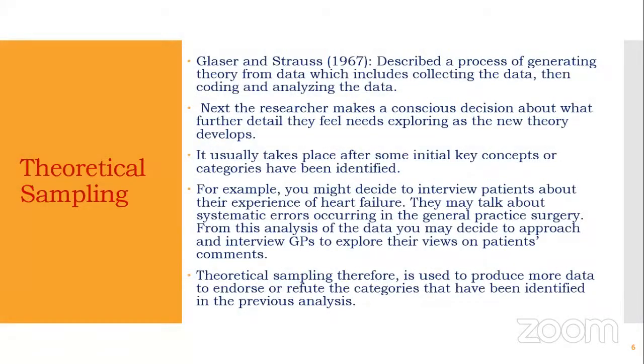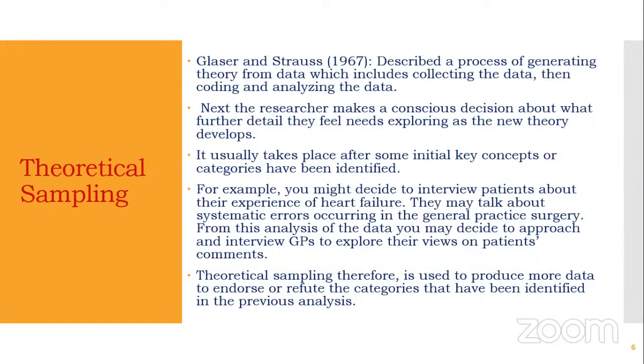Theoretical sampling, as I mentioned, is a very important concept that Glaser and Strauss described in 1967. They described a process of generating theory from data, which includes collecting the data, then coding and analyzing the data. Next, the researcher makes a conscious decision about what further detail they feel needs exploring as the new theory develops, okay?